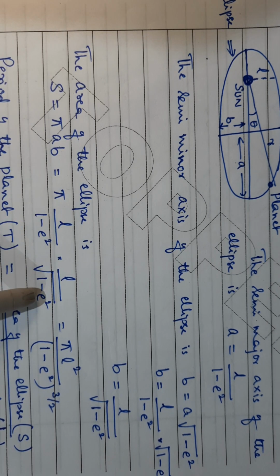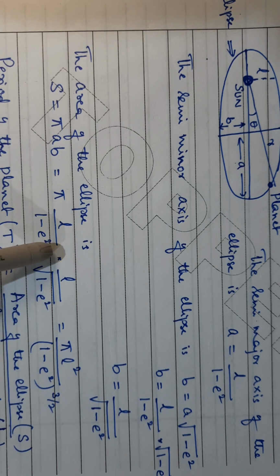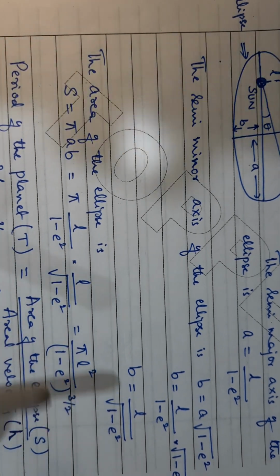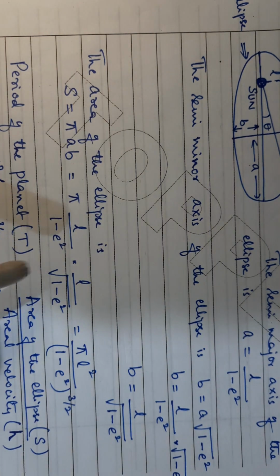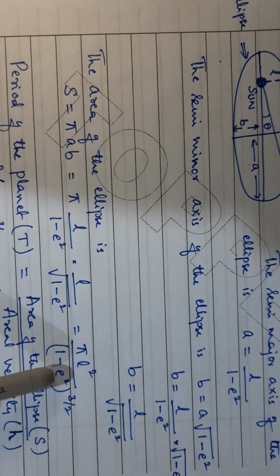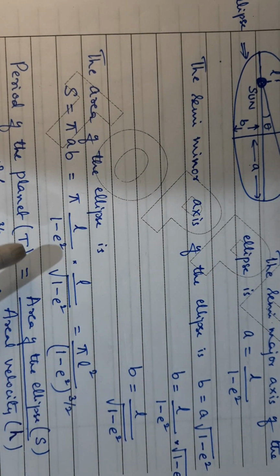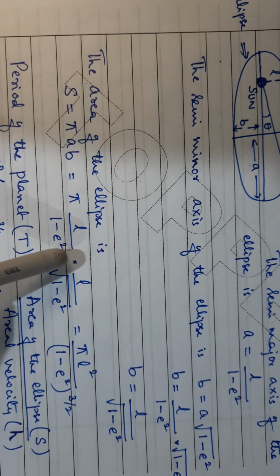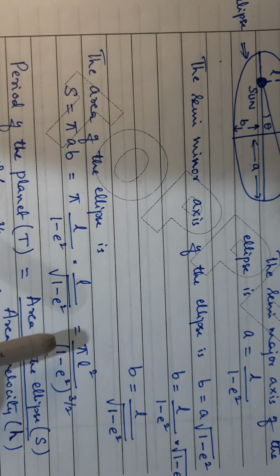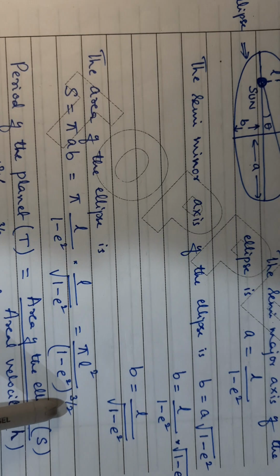Bases are same. Indices law: 1 plus half is equal to 3 by 2 power. A to the power m into A to the power n is equal to A to the power m plus n. Here 1 minus E square raised to the power 1 plus half, that is equal to 3 by 2.